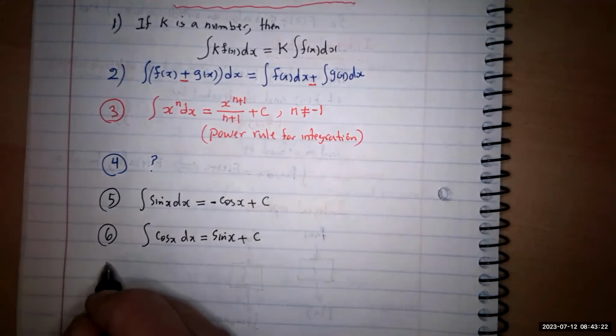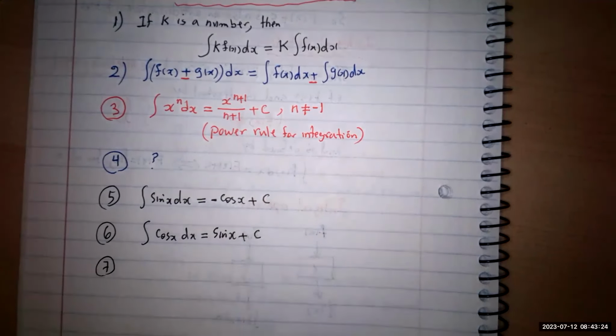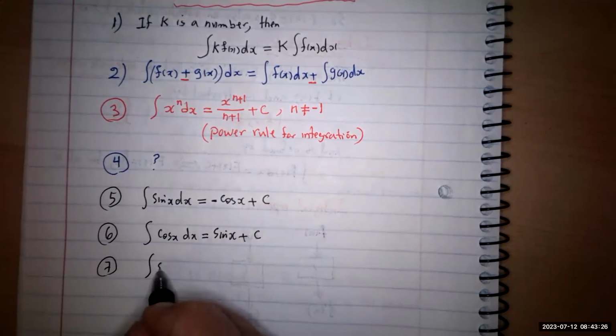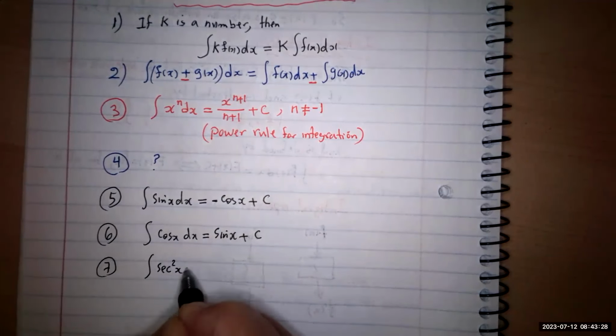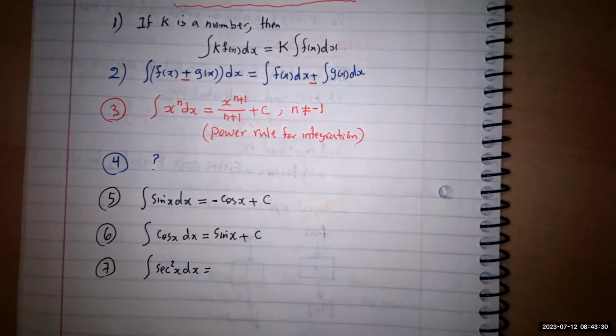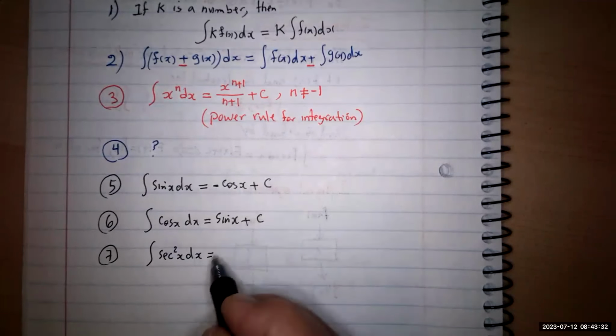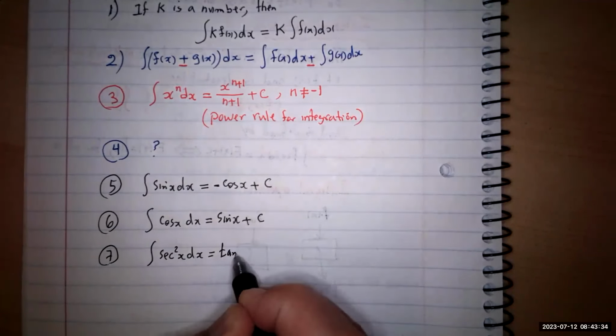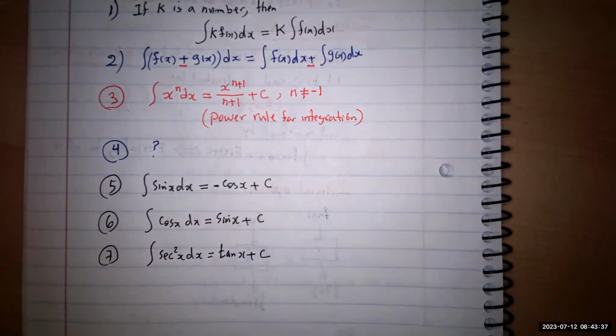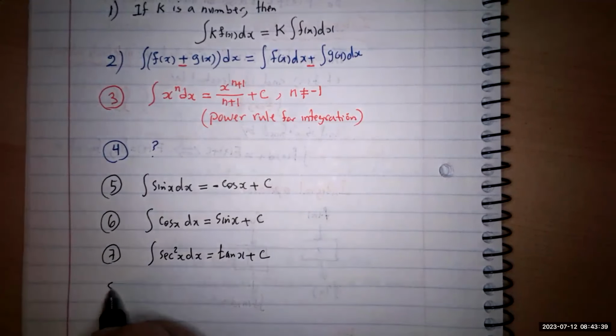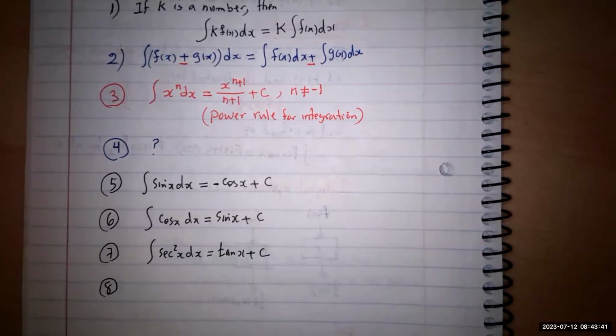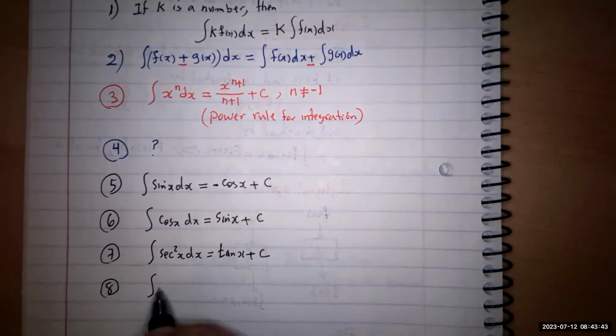Number 7 is the integral of secant squared of x dx. You want to find the function whose derivative is secant squared. That function is tangent. And the other only thing that you can do at the moment is this one. Integral of secant x tangent x.